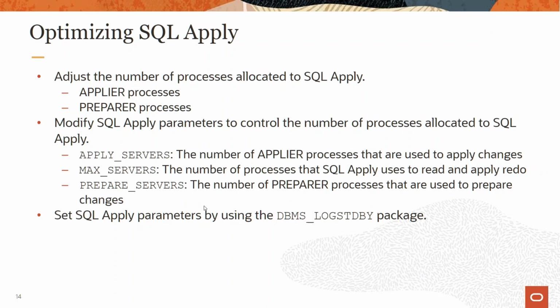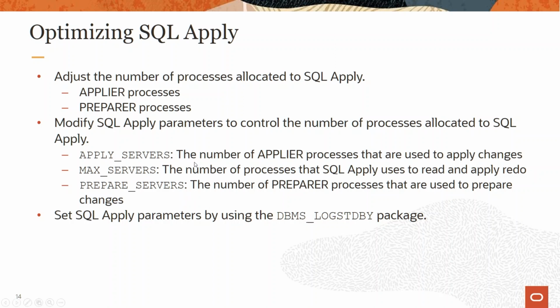In order to change the number of preparer processes and the number of applier processes, we are going to use the DBMS_LOGSTDBY package. And then we can change the apply servers, max servers, and prepare servers.